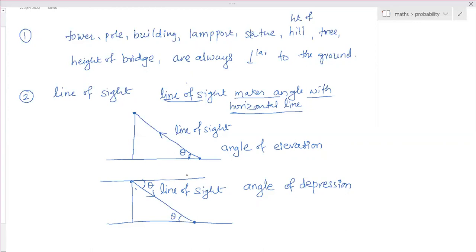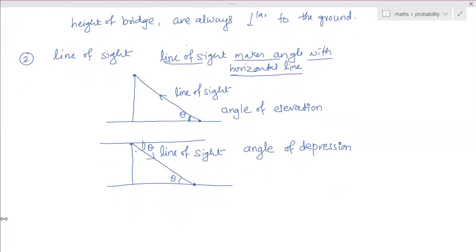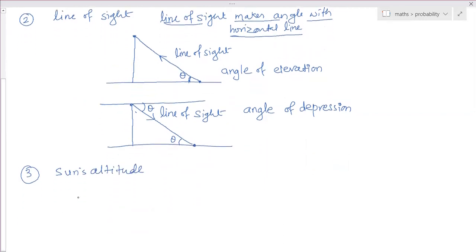Okay. Then one more point is the sun's altitude. What do you mean by sun's altitude? Third point is sun's altitude. Now sun rays, when they reach the surface, always make some angle. When the sun ray reaches the surface, this is the ground, it also makes some angle with the ground.